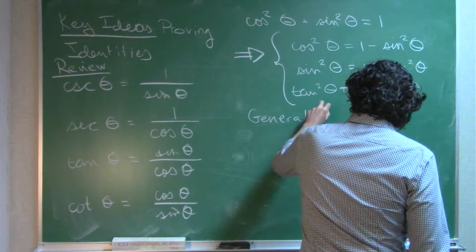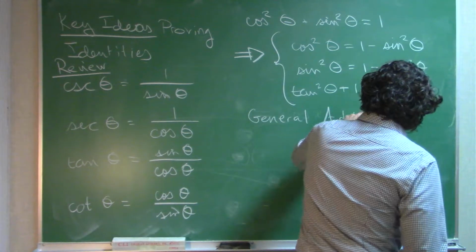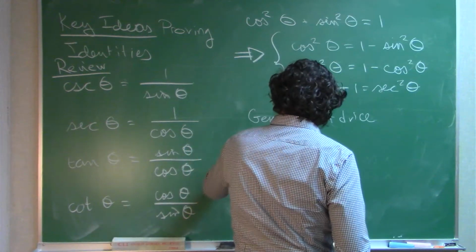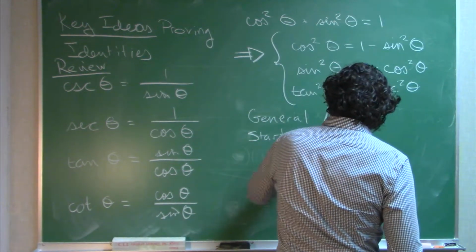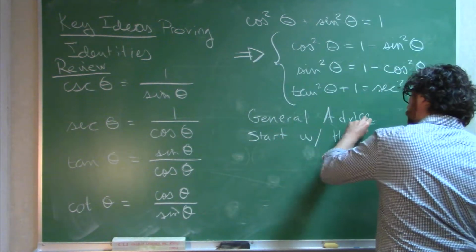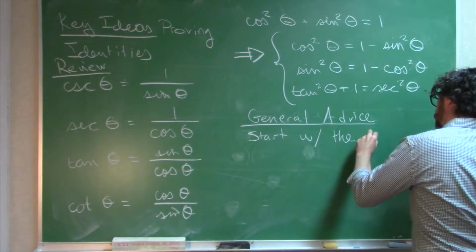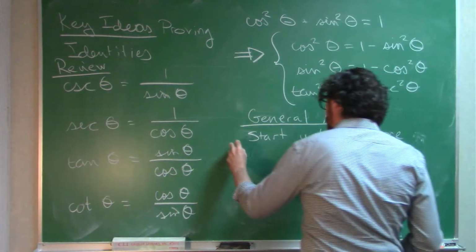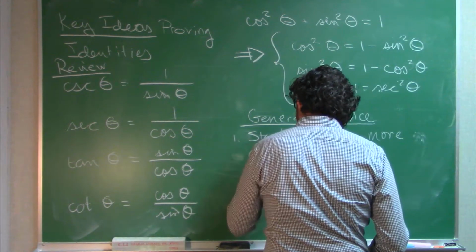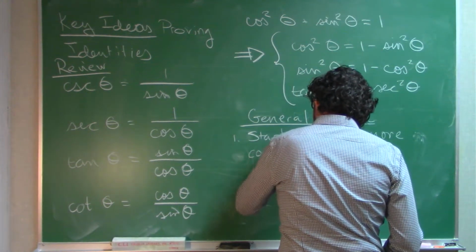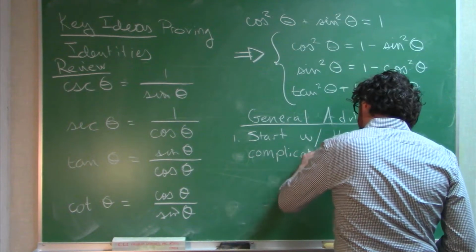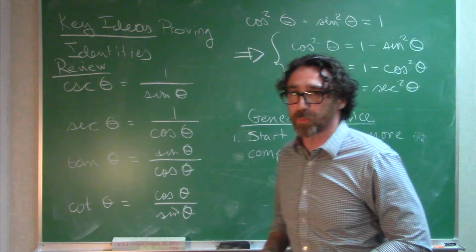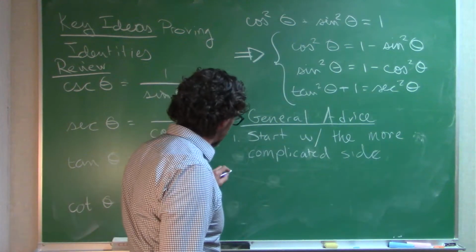And just some general advice. When we're proving identities, we want to start with the more complicated side.